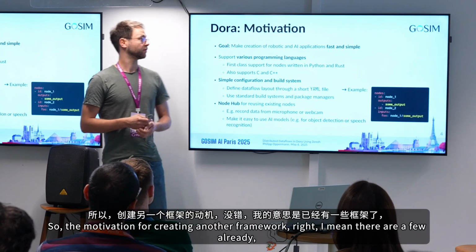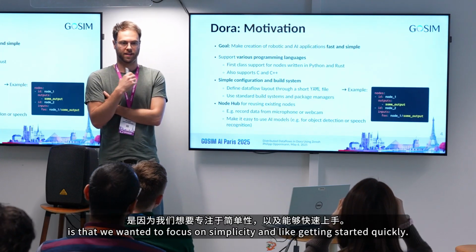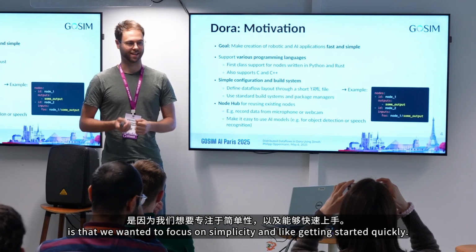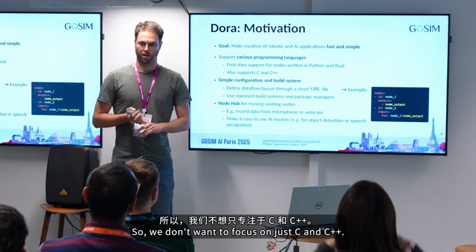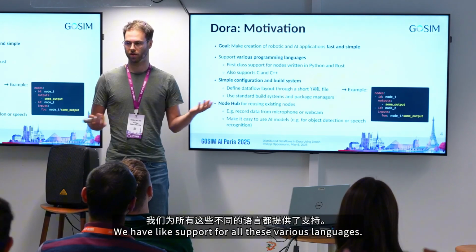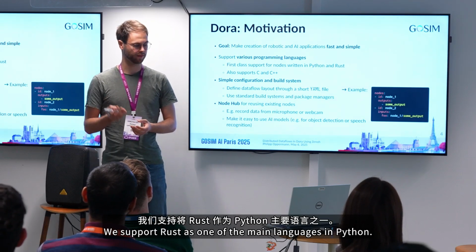So the motivation for creating another framework, right, I mean there are a few already, is that we wanted to focus on simplicity and getting started quickly. So we don't want to focus on just C and C++. We have support for all these various languages. We support Rust as one of the main languages, and Python.